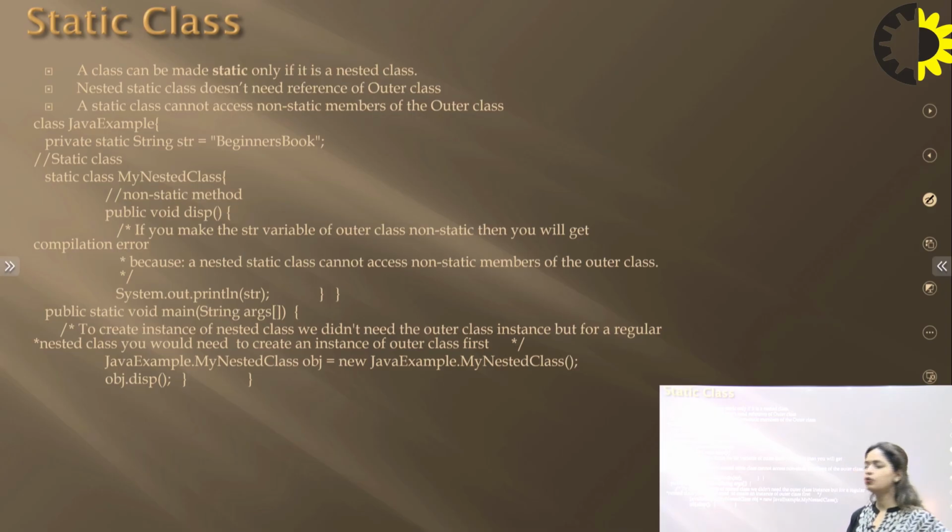Now let's have a look at an example of how a class can become a static class. As I told you, for creating a static class, we need to bind it inside a normal class. So in this very first example, we have a class named JavaExample, and inside it we have created one static variable of type String, and we are assigning the value beginner's book to this variable.